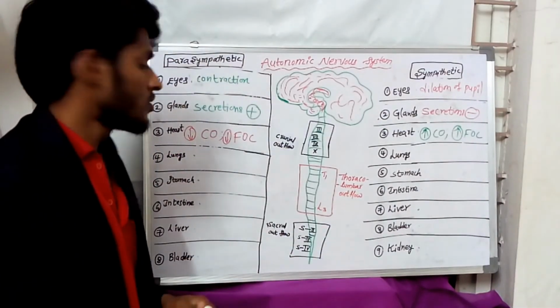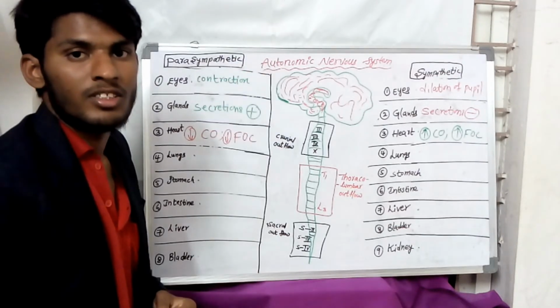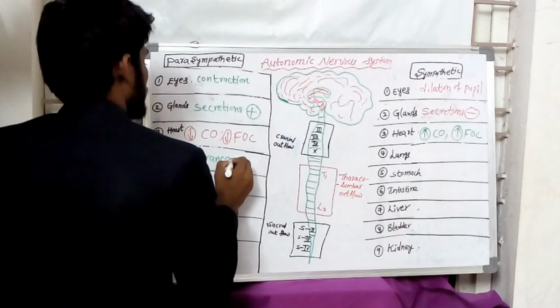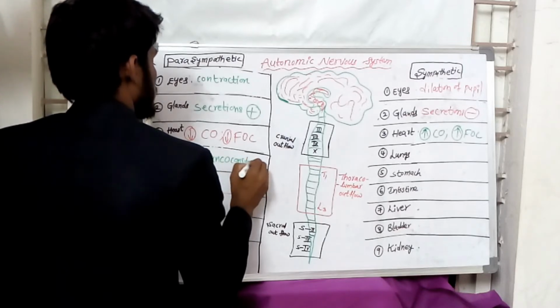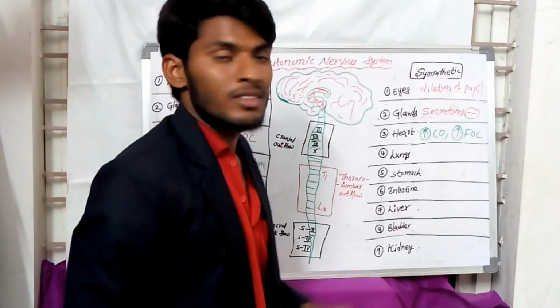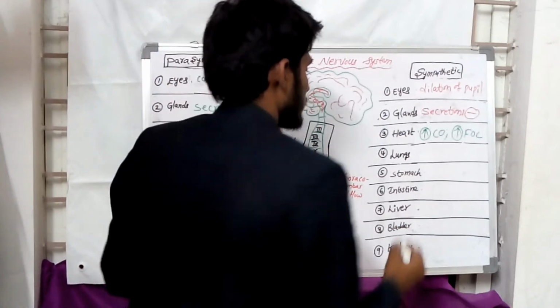In the case of lungs, bronchoconstriction will be observed in the parasympathetic nervous system, but in the sympathetic nervous system, bronchodilation will be observed.